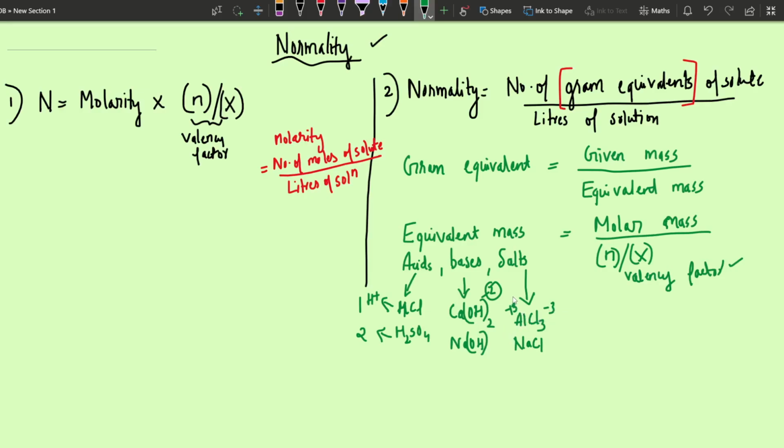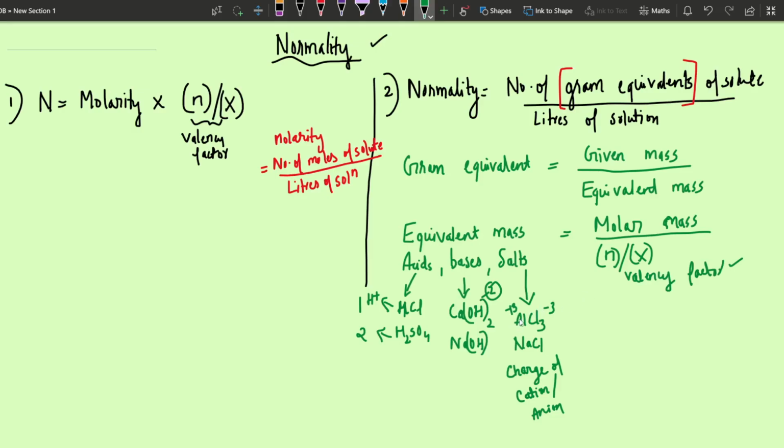We take only one, the numerical value, not the plus or minus symbol. So the valency factor for AlCl3 is 3.